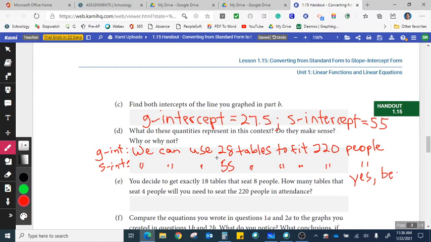Because it's just a multiple of the first. We multiplied the tables by 2, and we multiplied the number of people by 2.